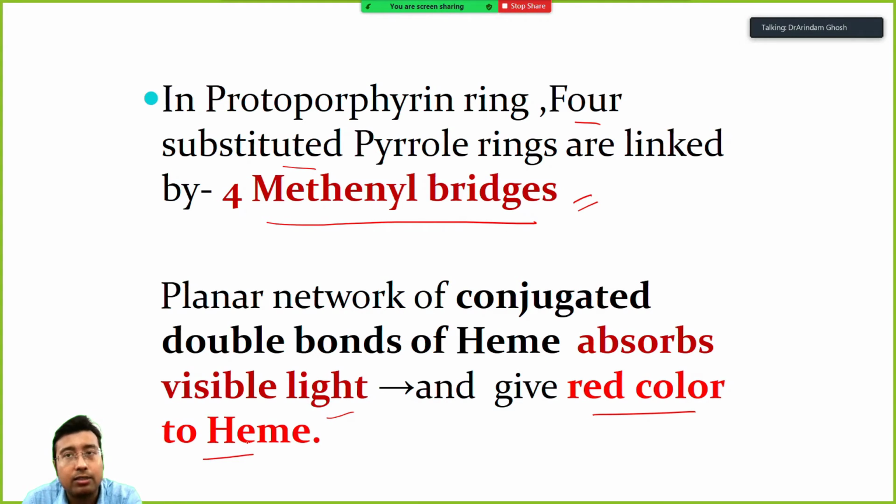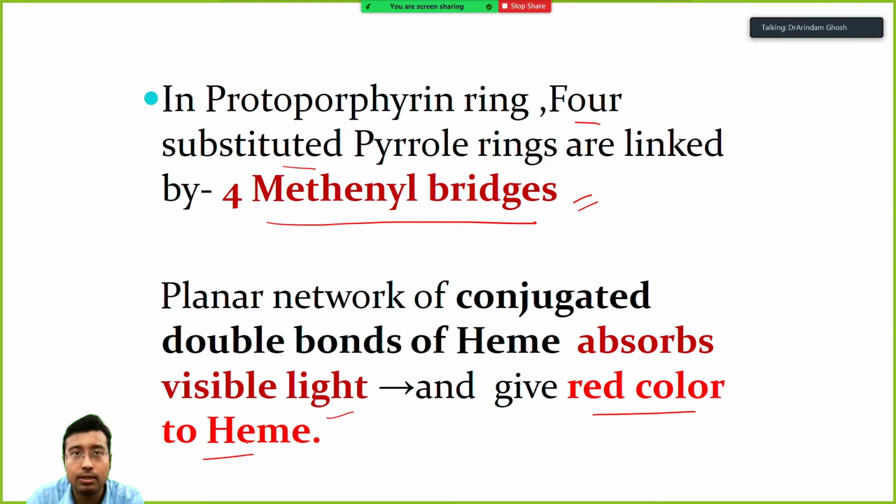So if anyone asks you why hemoglobin or heme is red in color: number one, an aromatic compound, any cyclical compound absorbs a wavelength, but it is these 4 pyrrole rings connected with 4 methynyl bridges. Those double bonds absorb all other wavelengths and they let go of the red component, and that is why it's red in color.